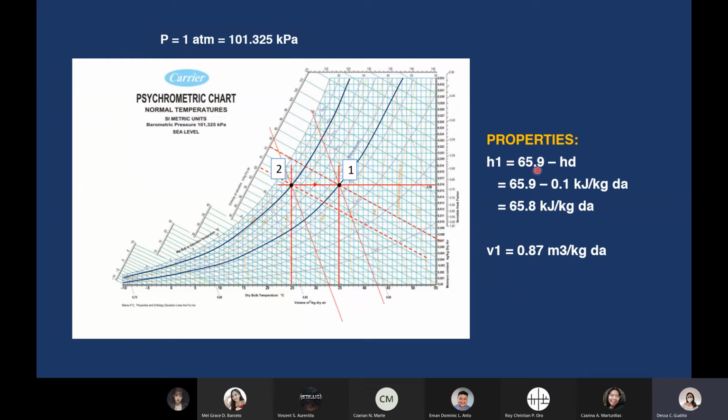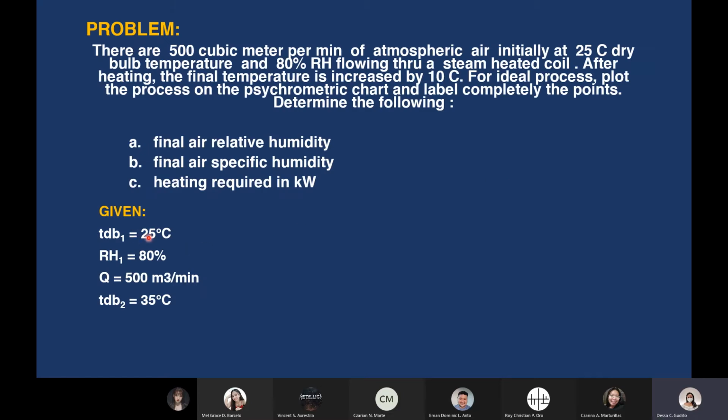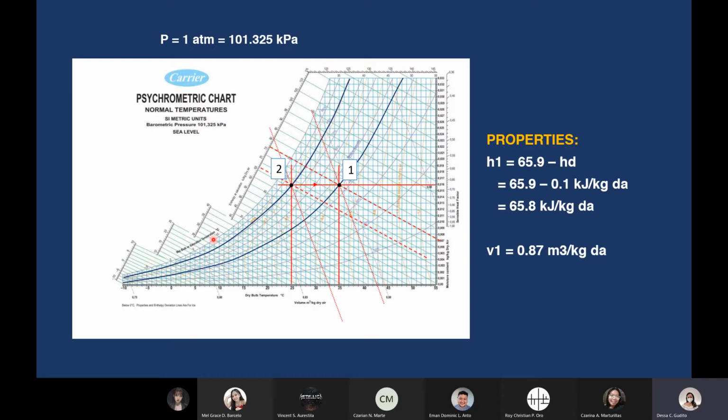So for the properties, what is given here is the dry bulb and the relative humidity at 80%. So we use these first to plot our first point on the chart, I mean, the first point or state 1.